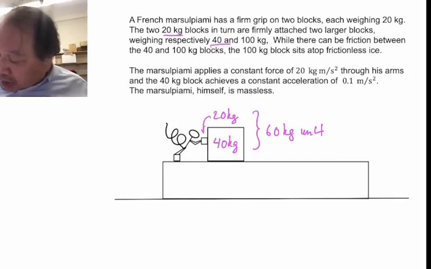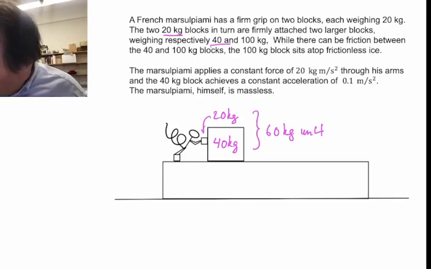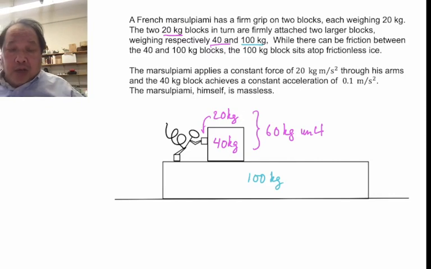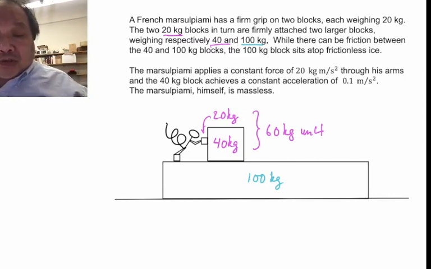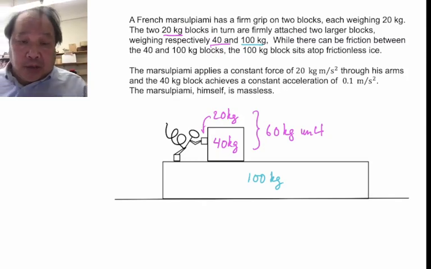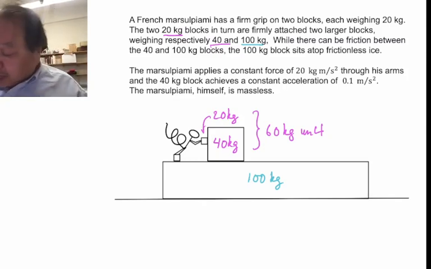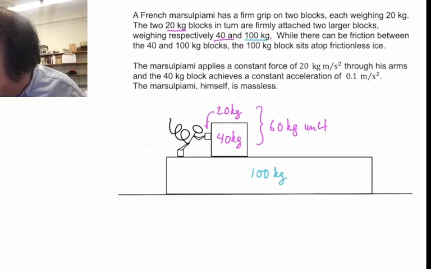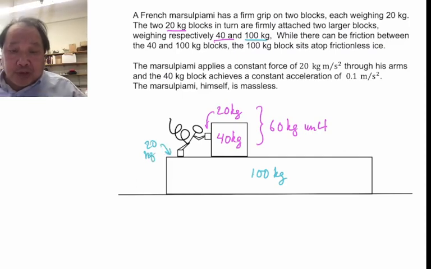Then there is a second component, which is the 100 kilogram block. Here it is down here. And while the arms of the marsupiami are pushing on the 60 kilogram unit, the feet of the marsupiami are pushing in the opposite direction on the 100 kilogram unit, and roughly 20 kilograms of the marsupiami is staying with the feet region, shown here.